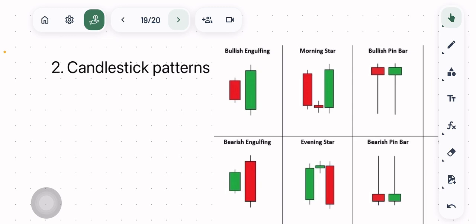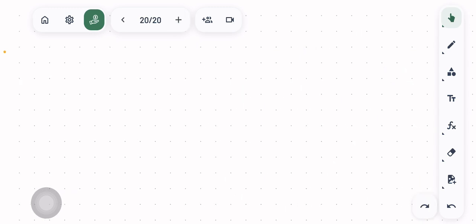So make sure that these candlestick patterns are occurring within a valid point of interest. Otherwise, they won't work.